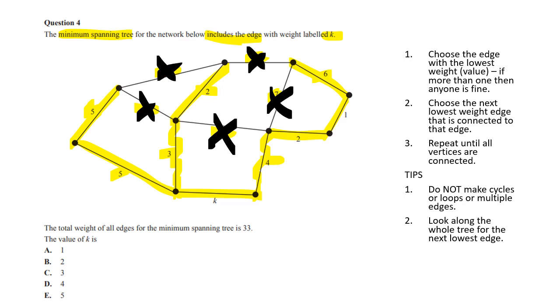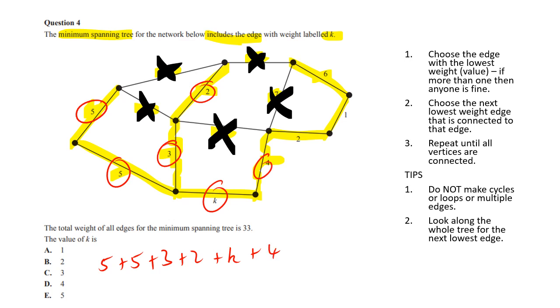So we now have our equation, and when you're doing this, make sure you circle things so you know which ones you've counted and which ones you haven't, because otherwise you can get quite lost. Plus k, plus 4, plus 2, plus 1, plus 6, and we know that equals 33 because they told us that.